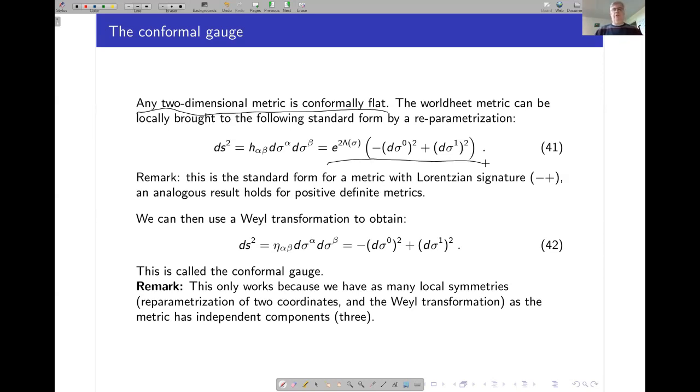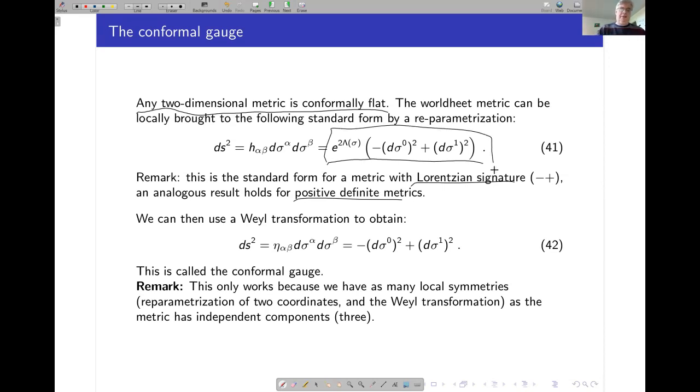And this statement holds both in Lorentz signature, but also in Euclidean signature, where it is often part of, say, a course on complex functions. Good. So by reparametrization, we can take our worldsheet metric and bring it to this conformally flat form.